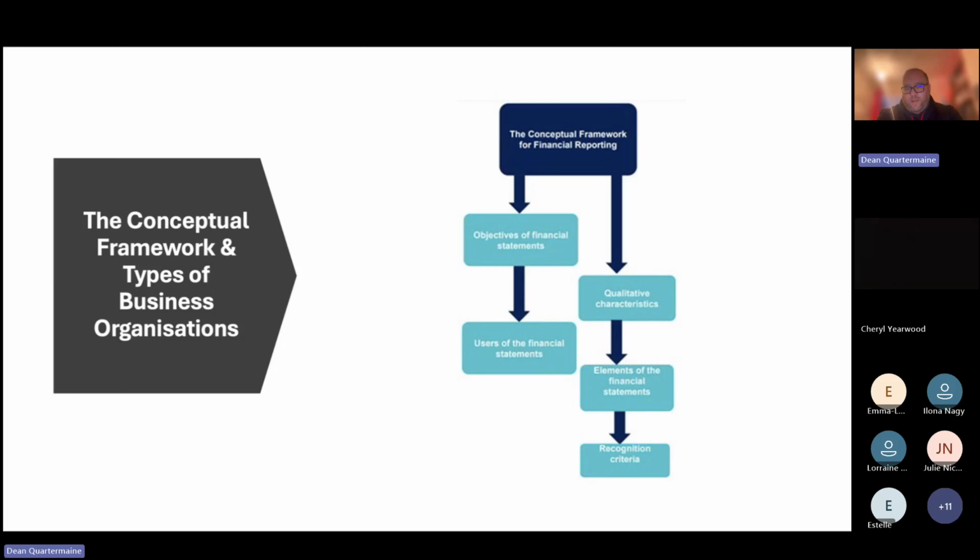And then we're going to look at the concepts of qualitative characteristics and the various elements of financial statements, and hopefully provide you with some good answers for the exam if it asks you about different elements of financial statements. And then finally look at some recognition criteria for how we recognise various things within financial statements, what you recognise, what you don't.